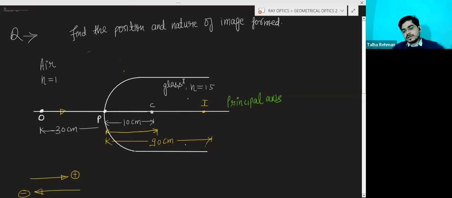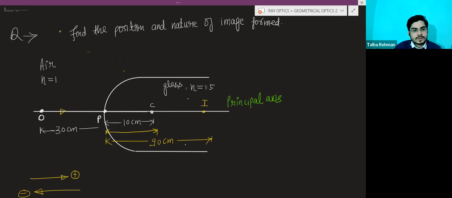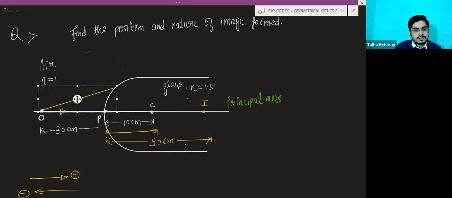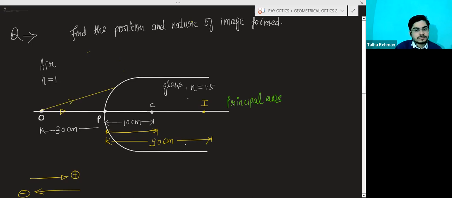Talking about the nature of the image, how can the image form? So this is the object here. From this object, suppose there is a ray of light like this. This is the incident ray from this object.